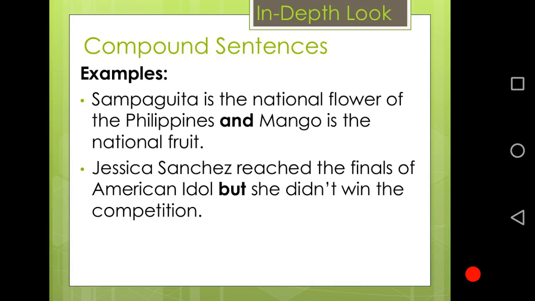Mango is the national fruit is the additional idea to the first independent clause. Jessica Sanchez reached the finals of American Idol is the first independent clause. When we want to introduce an opposite idea, we use but. But she didn't win the competition is the opposite idea to the first independent clause.